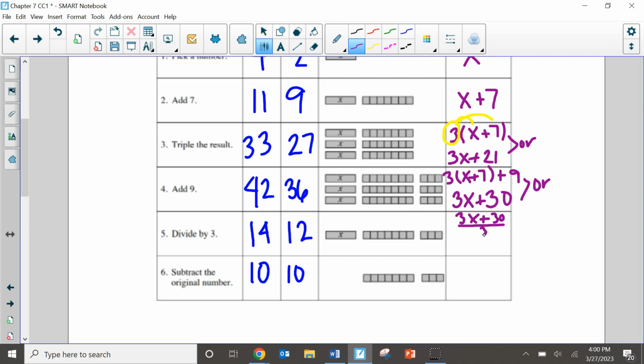So when we do that, we have to divide by 3 all parts. So 3x divided by 3 is just x. Those 3 divided by 3 is 1, so they kind of cancel out. Then I take my 30 and divide it by 3, which just gives me 10.